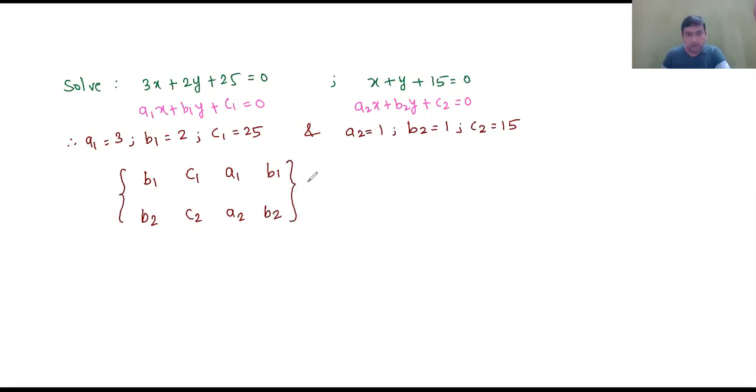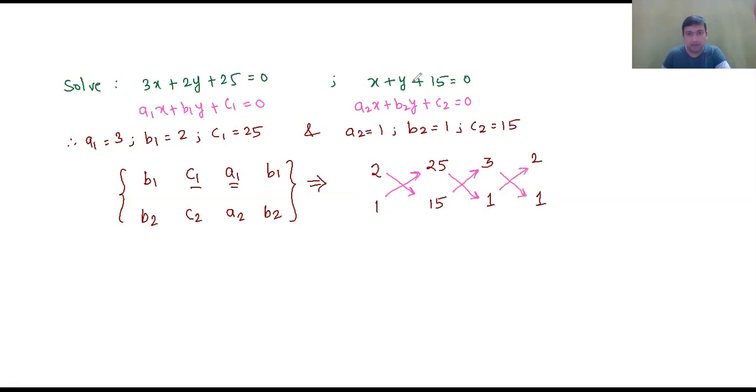So this form we will write in terms of values. b1 is 2, b2 is 1. Next, c1 is 25, c2 is 15. a1 is 3, a2 is 1. b1 is 2, and b2 is 1. Is that right? Now how will you do the cross multiplication? You will multiply like this. You can make the arrows in the exam also, no problem.